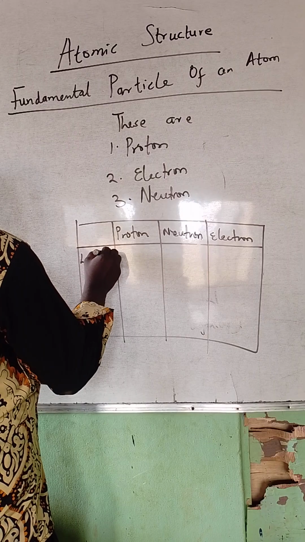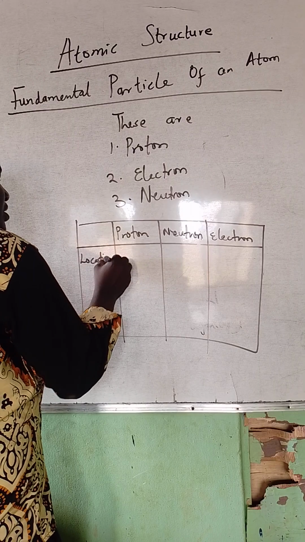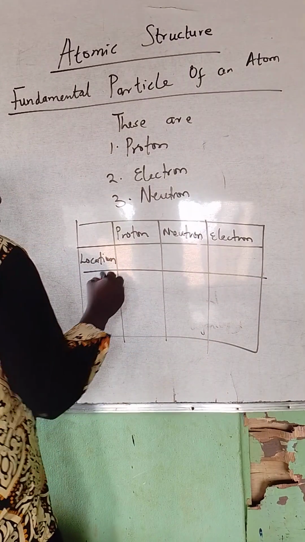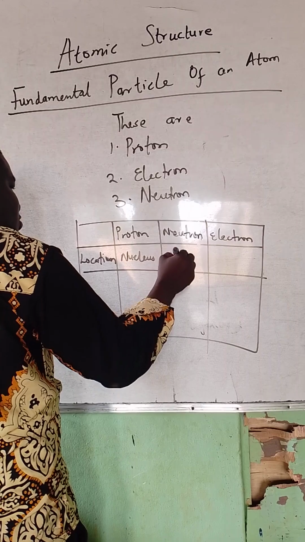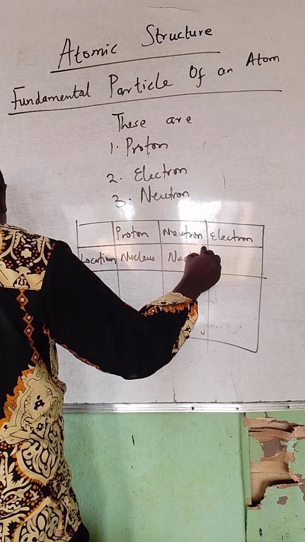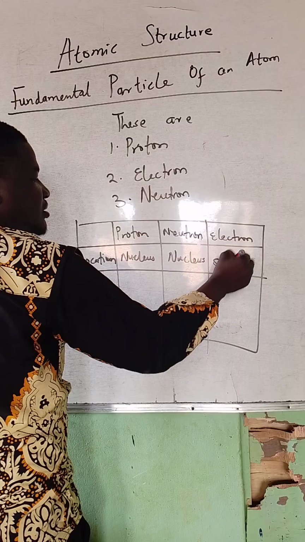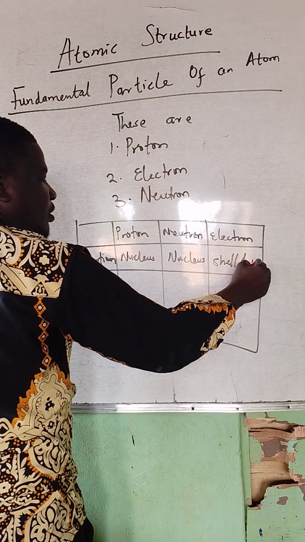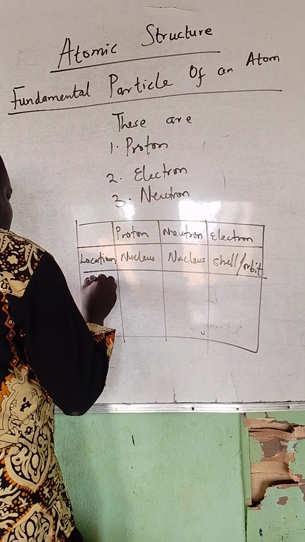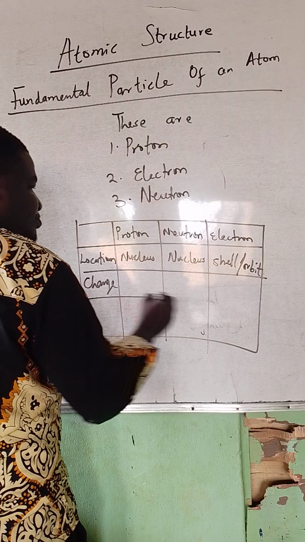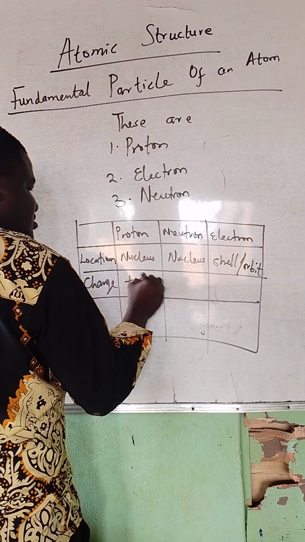Where can you find it? The location is in the nucleus, and the electron in the shell or orbital. Charge: the proton is positively charged.